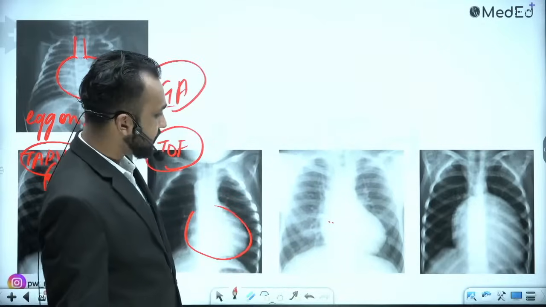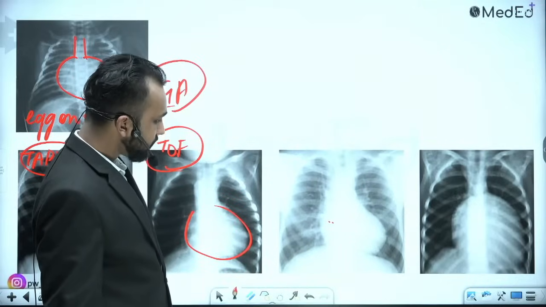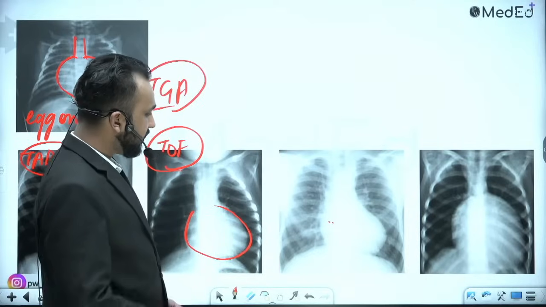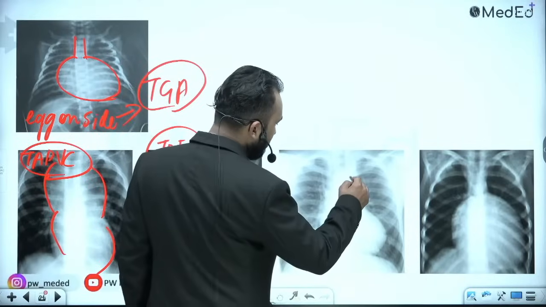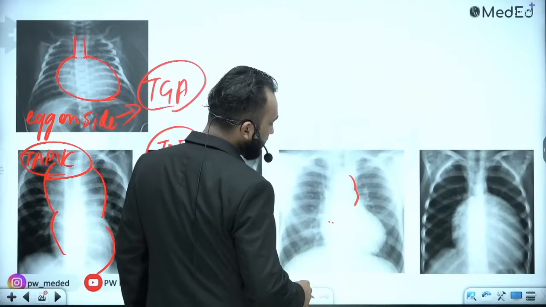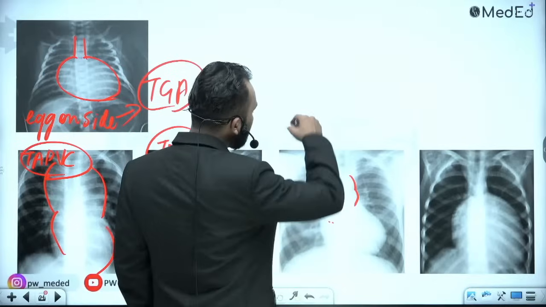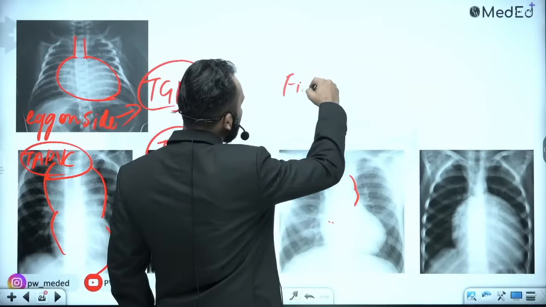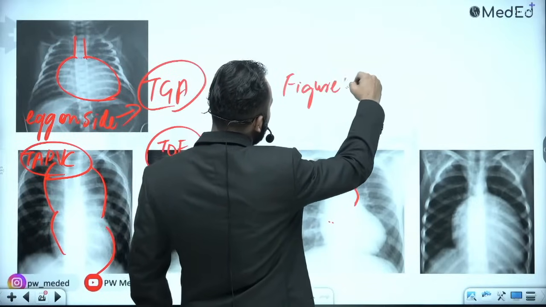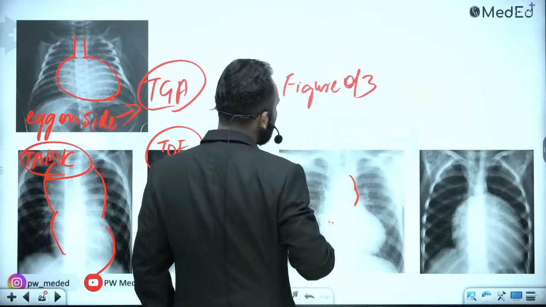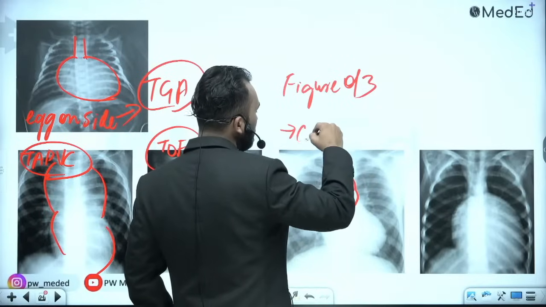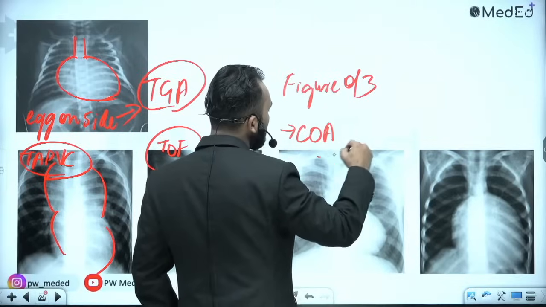In this image, we can see that there is a notch present in the aortic knuckle, giving the figure of 3 appearance. So figure of 3 appearance is seen in coarctation of aorta.